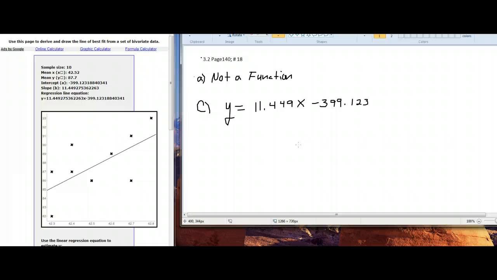For part E, we're told to express our relationship using function notation. All that means is we take the y and replace it with f of x. And so f of x equals 11.449x minus 399.123.